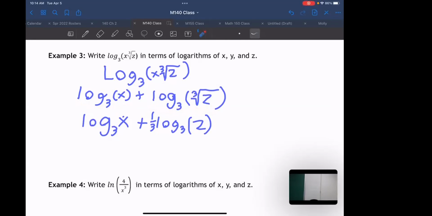And that can be turned into log base 3 of x plus 1/3 log base 3 of z. Awesome, right? So this cube root turned into z to the 1/3, which got brought out to the front. Does anyone have any questions on example 3?